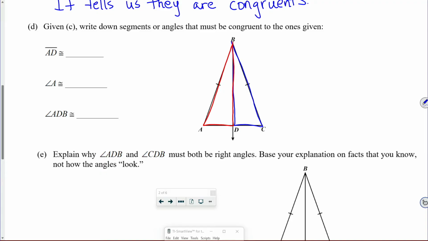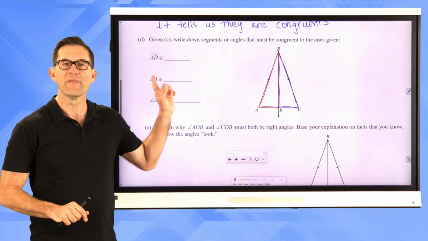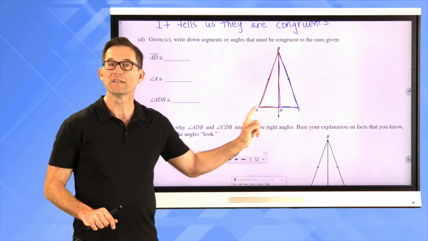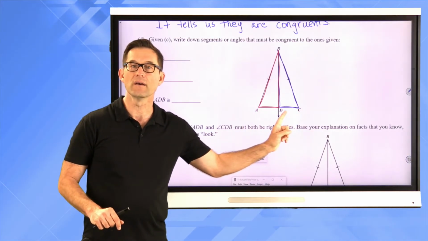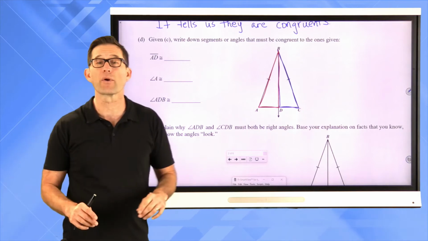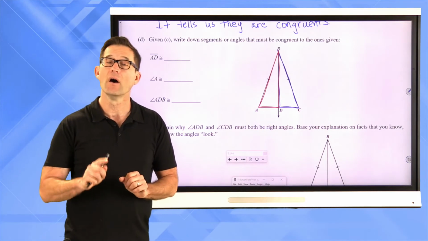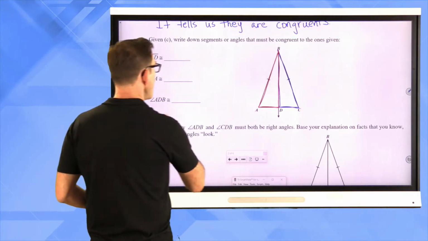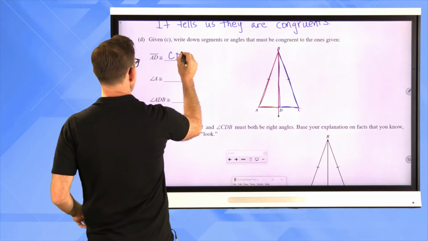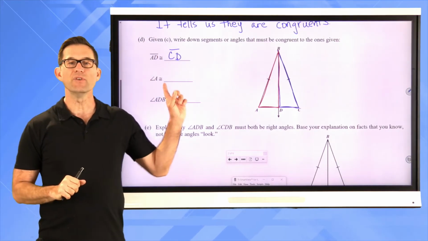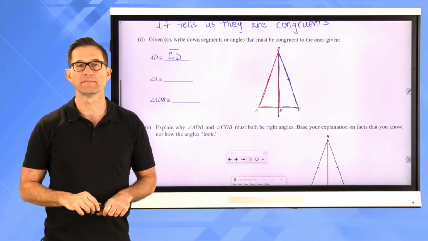They're congruent. So AD, which is right here, must be congruent to CD, which is right here. They have to be because they are corresponding sides of two congruent triangles. AD must be congruent to CD. See if you can fill in the rest of that.